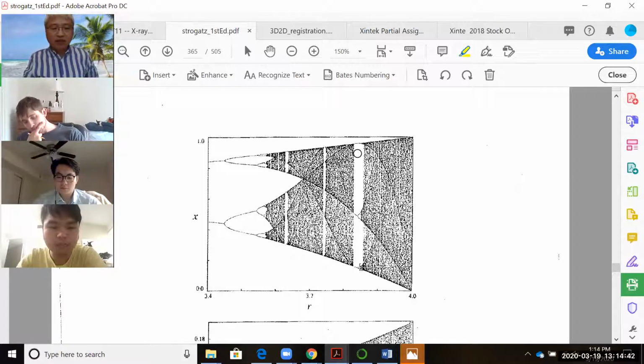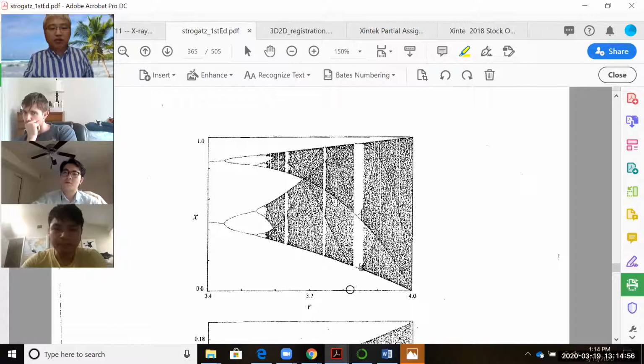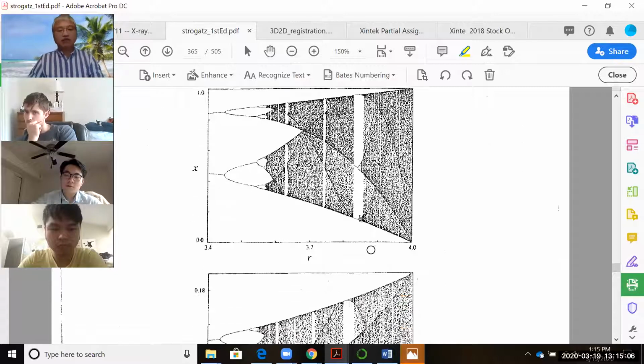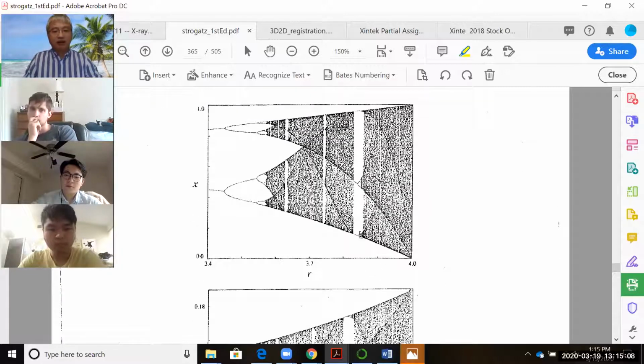This is called a window of periodic behavior. For example, the largest window is around 3.85. Around 3.8, you see there is a period 3 orbit, right? Because 1, 2, 3, 1, 2, 3. So there is a window of this periodic orbit.